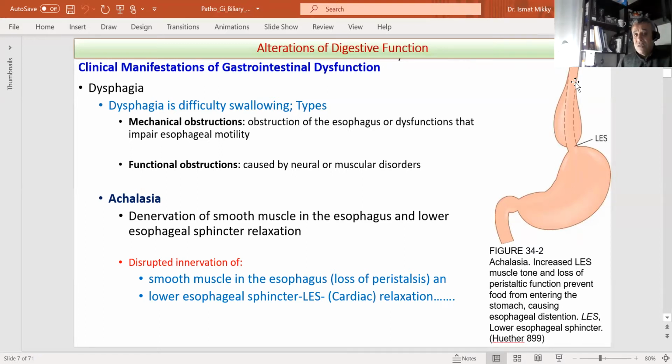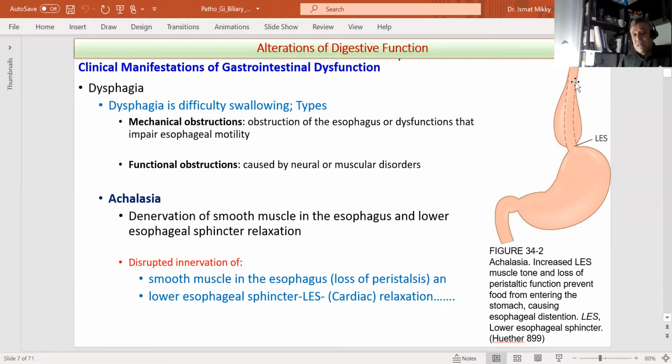The functional obstruction is usually due to neural or muscular problems or disorders, like the patients who have a difficult swallowing because of CVA, stroke, Parkinson's disease, achalasia, and we'll get to the achalasia in a few seconds.